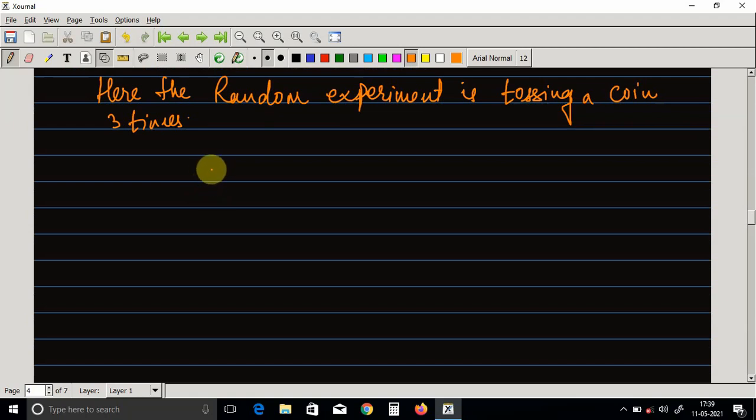If I toss the first time, I don't know what will be the outcome, so let me write tail. Then I go for a second toss, say again tail, then the last toss, say head. So this is one possible outcome: tail, tail, head.